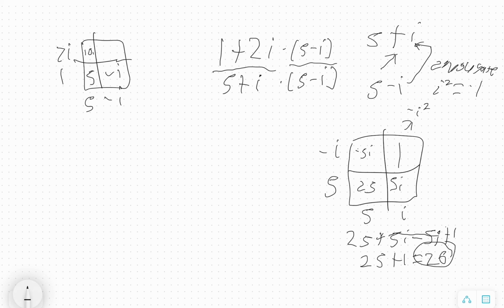Negative i times 2i is negative 2i squared. Because i squared is negative 1, this is negative 2 times negative 1, which equals 2. Add all this up, you're going to get 7 plus 9i.